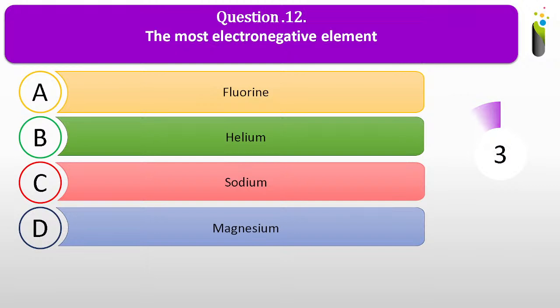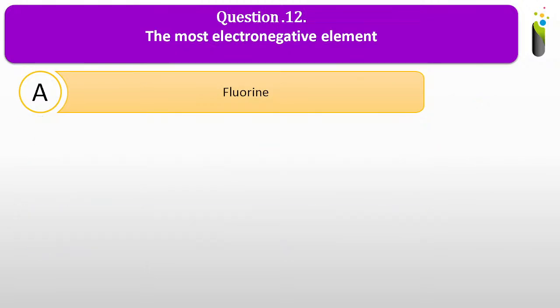So what should be the answer for this question? The correct answer for this question is A, that is fluorine. Fluorine is the most electronegative element.